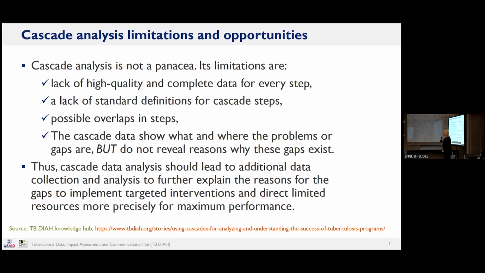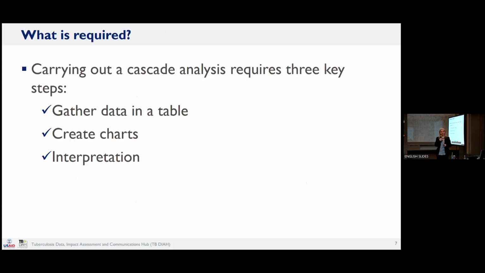And we will then use the methods that will help us not only see where and what the gaps are, but also help us to study the causes for that.